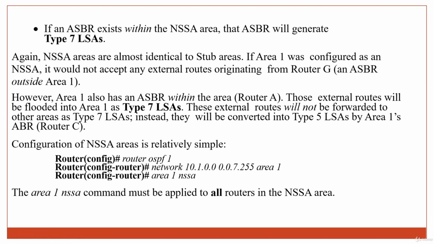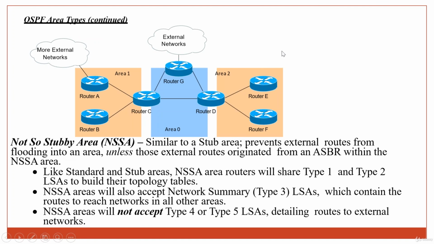Type 5 LSA by area 1 ABR router C. So what is happening here: when you are creating a not so stubby area, you are getting type 7 LSAs, and router C will convert type 7 LSA to type 5 LSA, and then flood it into the other area, or the other area will calculate as per the type 5 LSA update.